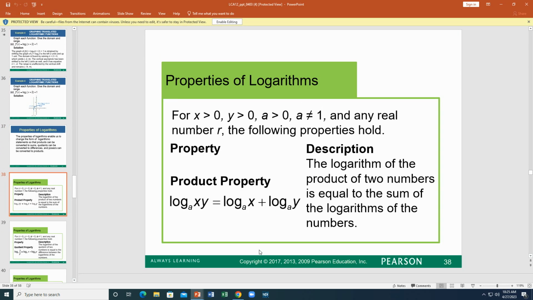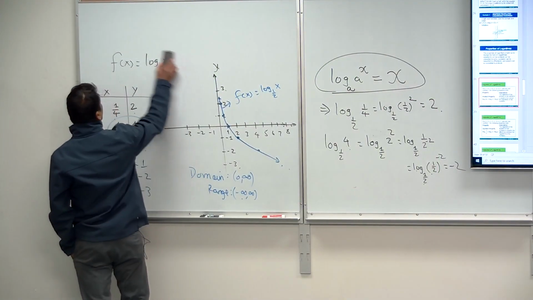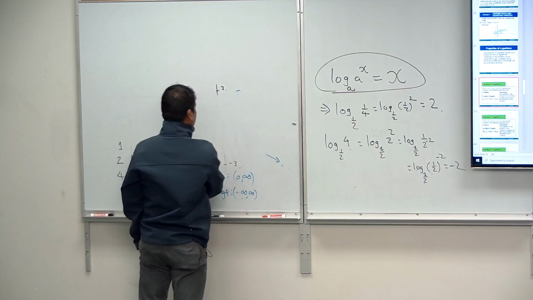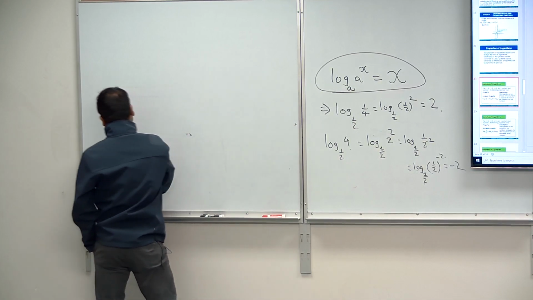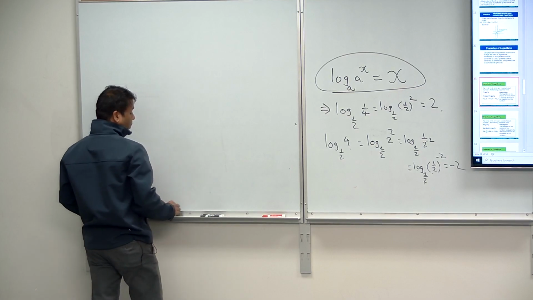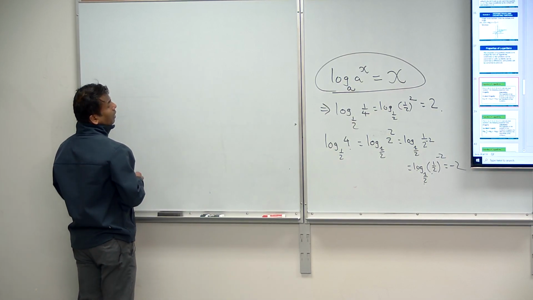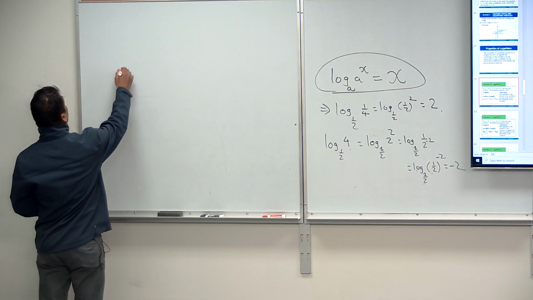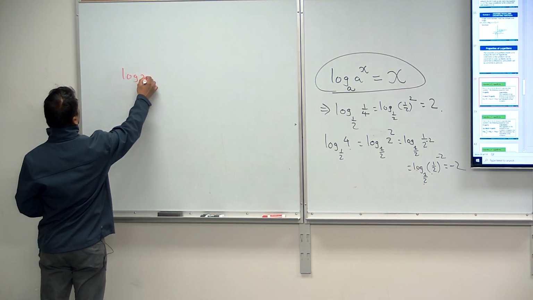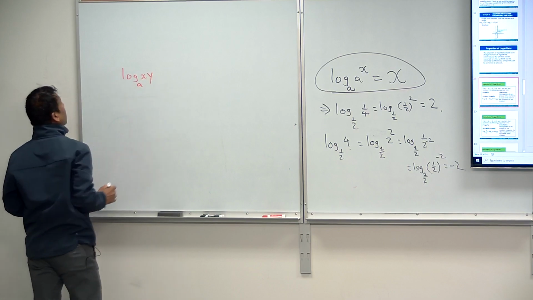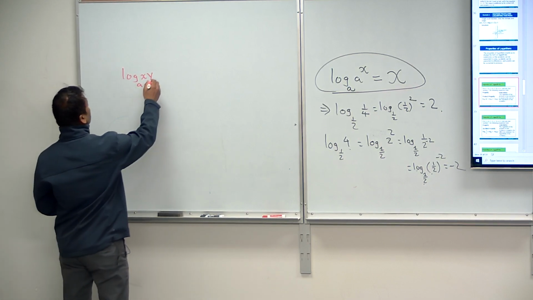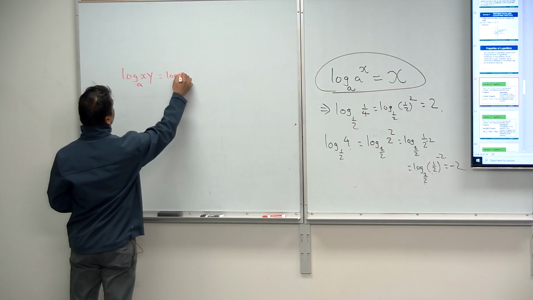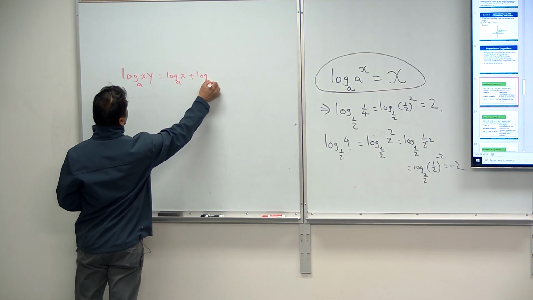Okay, this one. These are the properties of logarithmic function. The first one is the product property. Remember, if you have a logarithm with base a of x times y, this will be the same as logarithm with base a of x plus logarithm with base a of y.